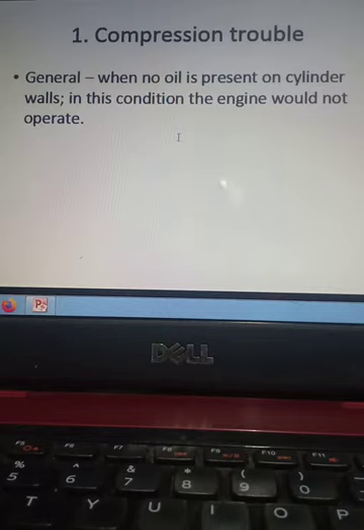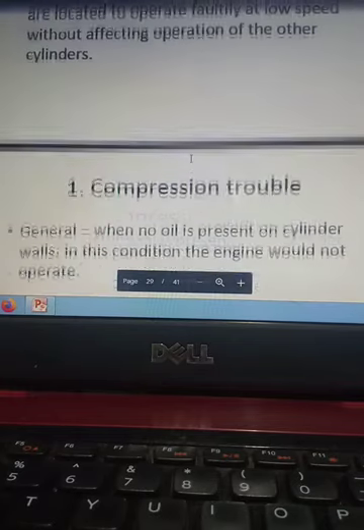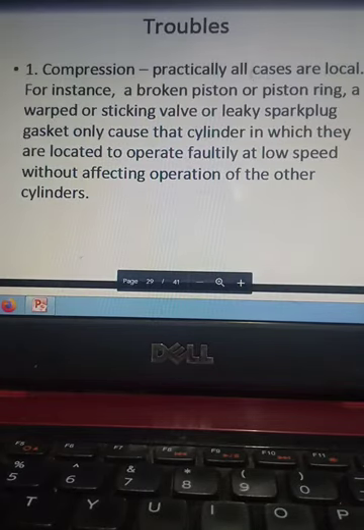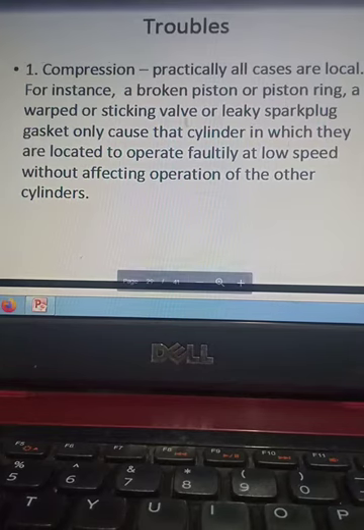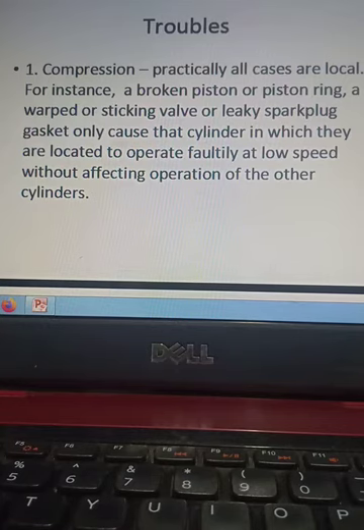Okay? So, again, ang compression trouble are practically all cases are local. No? For instance, a broken piston ring, a warp or sticking valve, leaky spark plug gasket only cause that cylinder in which they are located.